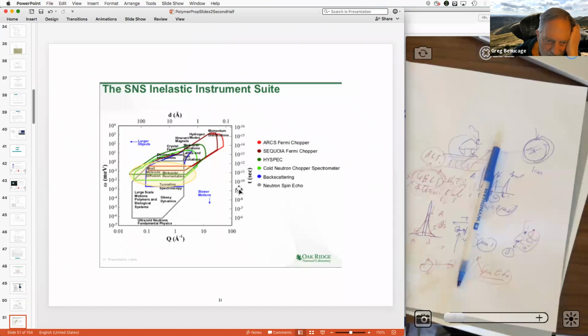So you can look at molecular scale or submolecular scale relaxations all the way up to entire polymers moving around. There's a huge range you can probe, and then the different instruments you need to use to access those. So these are all available.